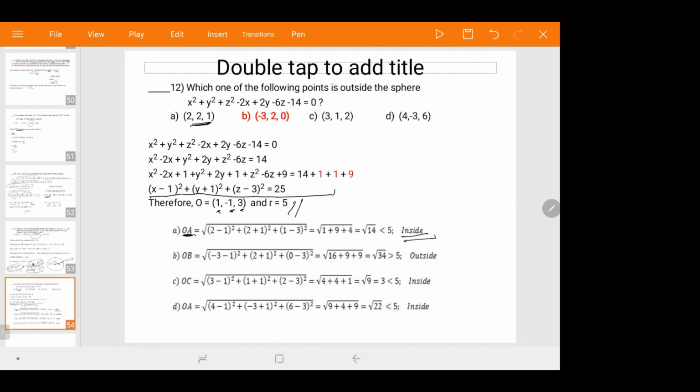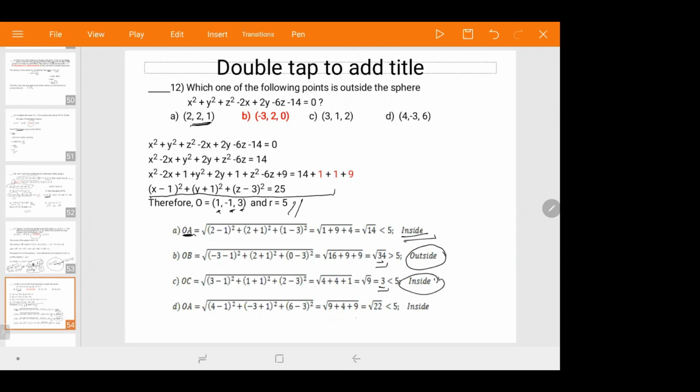Similarly, after finding the distances of points B, C, and D from the center, you will get OB the square root of 34, which is greater than R, which is 5, so point B lies outside the sphere. OC, its distance is 3, which is less than 5, meaning C is a point inside the sphere.